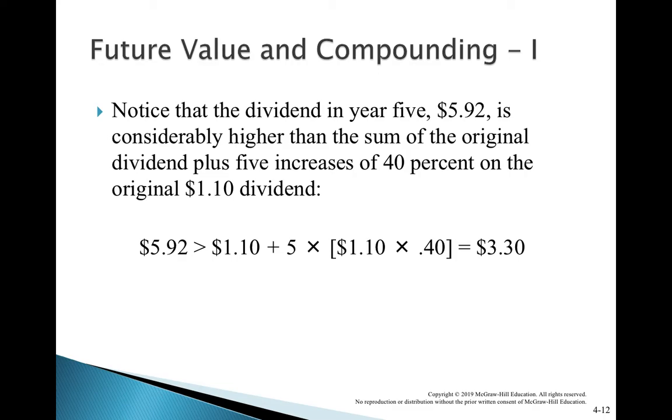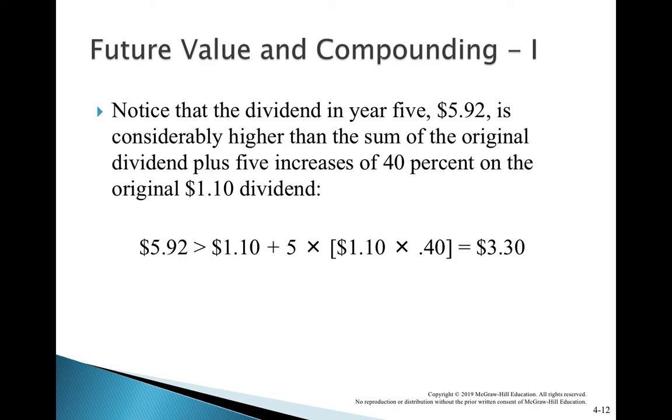If that is received yearly for 5 years, then 5 multiplied by 1.10 multiplied by 40%, plus the original 1.10, is equal to 3.30. But the dividend in the 5th year will be 5.92.